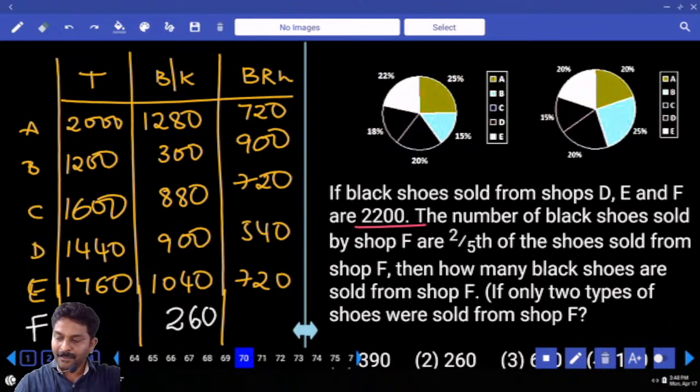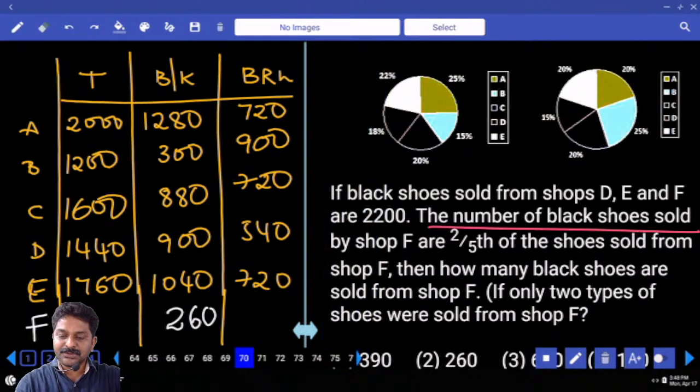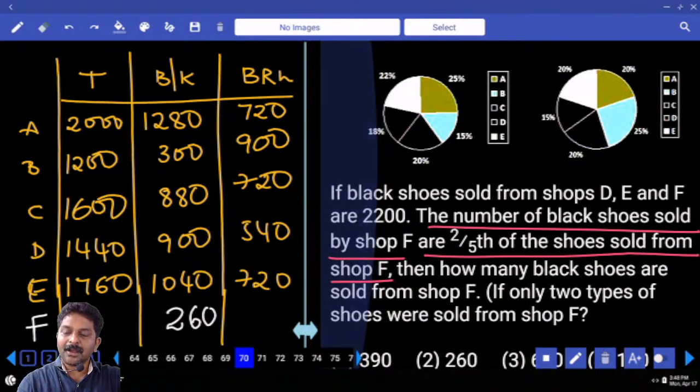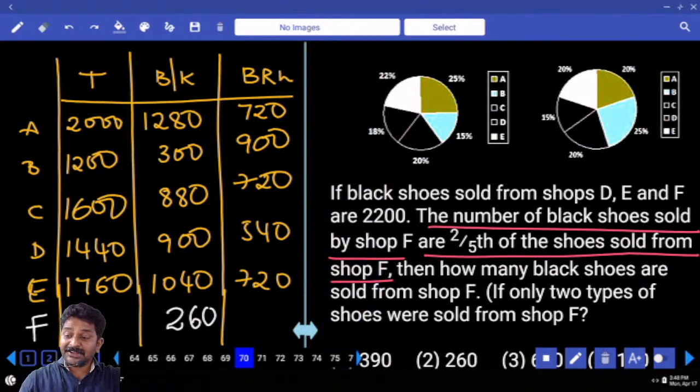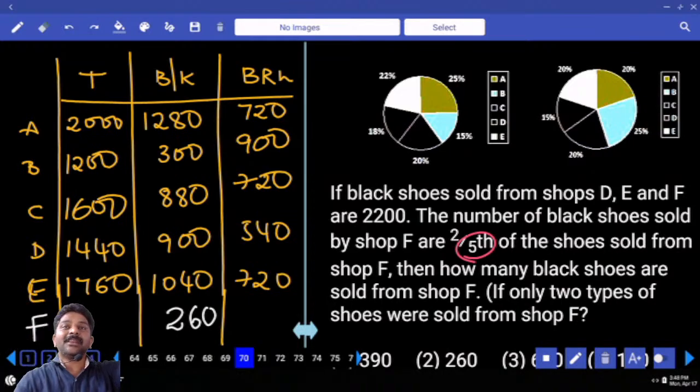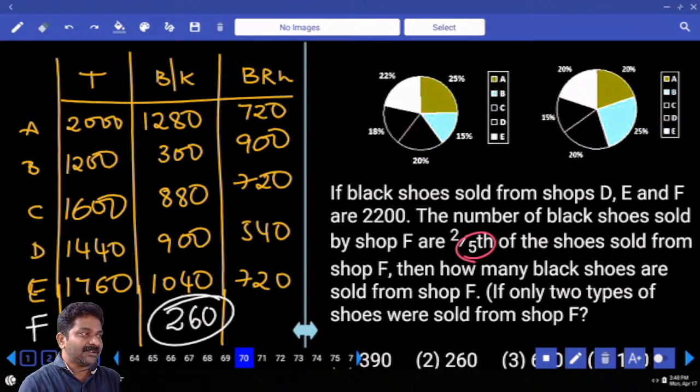Yes. Continue. The number of black shoes sold by shop F is 2/5 of shoes sold from shop F. That means, what is the denominator here? If total shoes from shop F are 5 parts, 2 parts are black, then the remaining 3 parts are brown. So you know that this is equal to 2 parts, and if you calculate 3 parts, you need to write it in place of brown shoes.